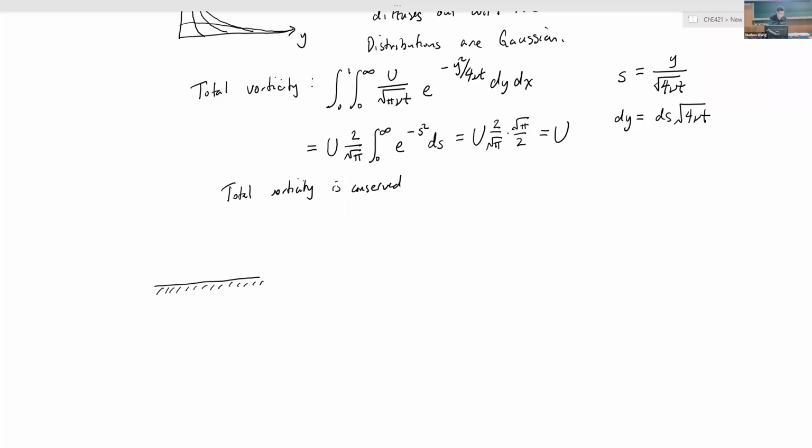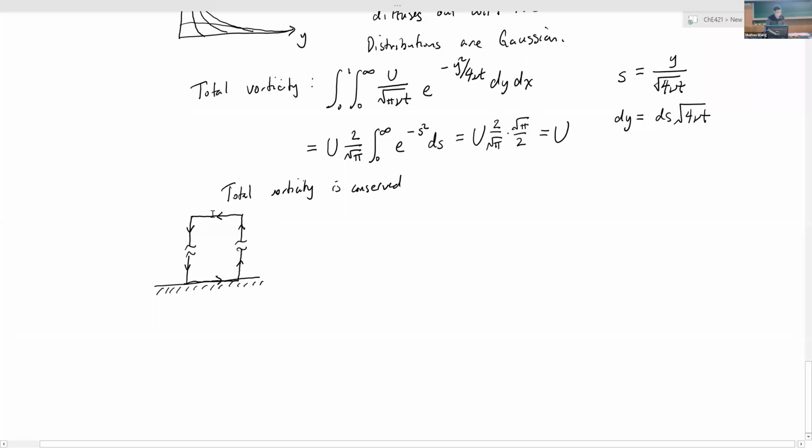If I draw a surface that looks like this, I have these little squiggly marks here because this is supposed to go all the way out up to infinity.